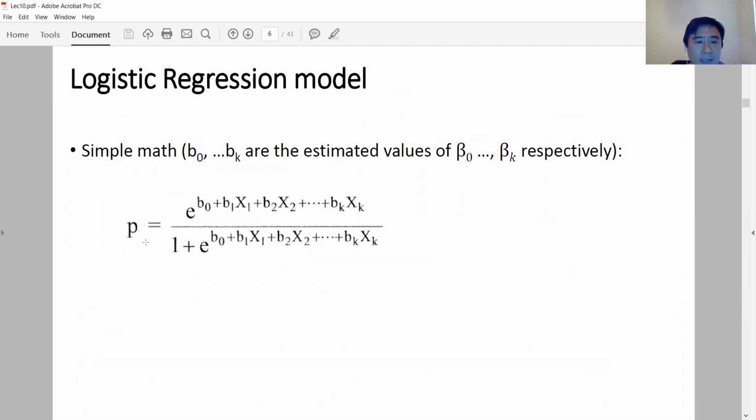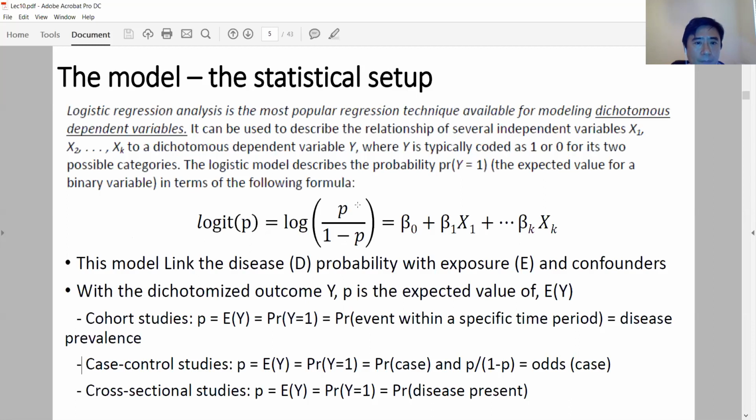And here we call this expit function. You don't have to remember that name, but some people use the expit. Expit is the reverse of logit, which indicates this function. It's basically just the exponential function of these linear combinations. All right, so here's the model setup.